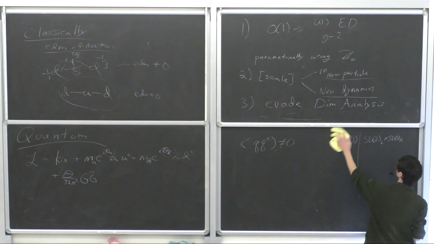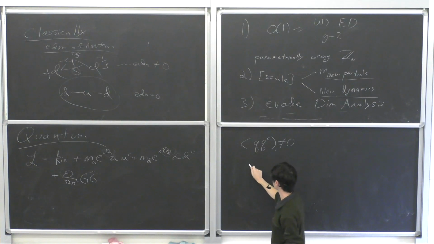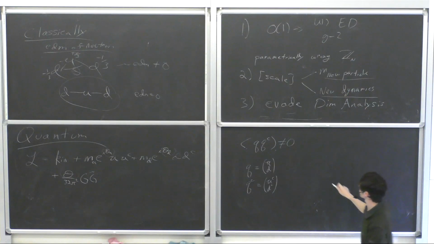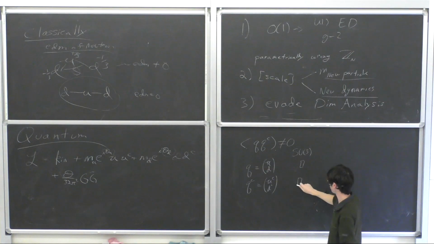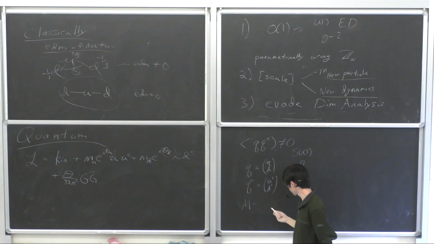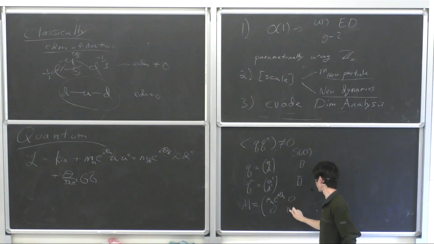Okay, so I have my quarks, quark conjugates. I'm going to write them as a doublet. There is going to be SU3 color. This is a fundamental. This is an anti-fundamental. And then I have my mass matrix spurion equals m_u e to the I theta_u, 0, 0, m_d e to the I theta_d.